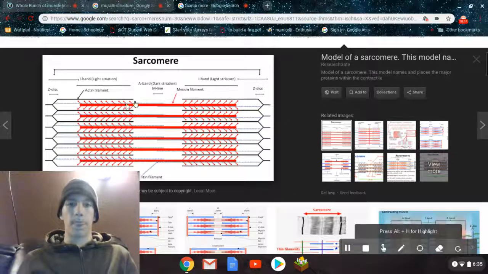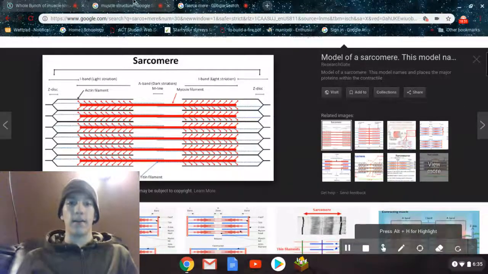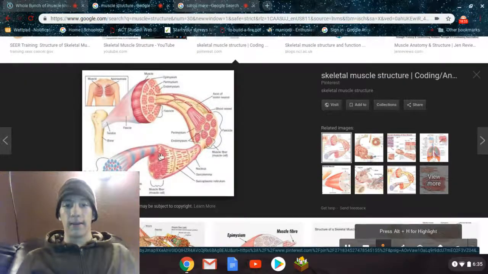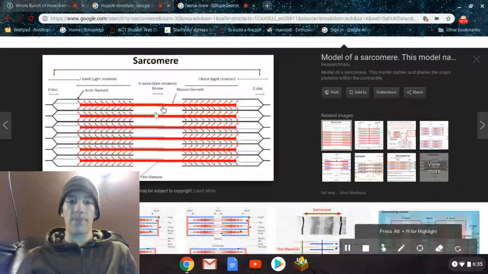So this is a flattened sarcomere. You see how in here it's all round and bunchy? Right here, this is a sarcomere. Or at least this is a myofibril. A bunch of these myofibrils make up a sarcomere, and they're only about this long.